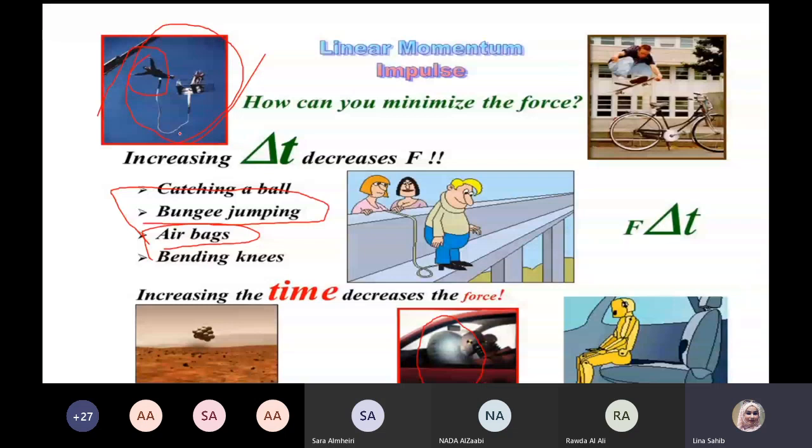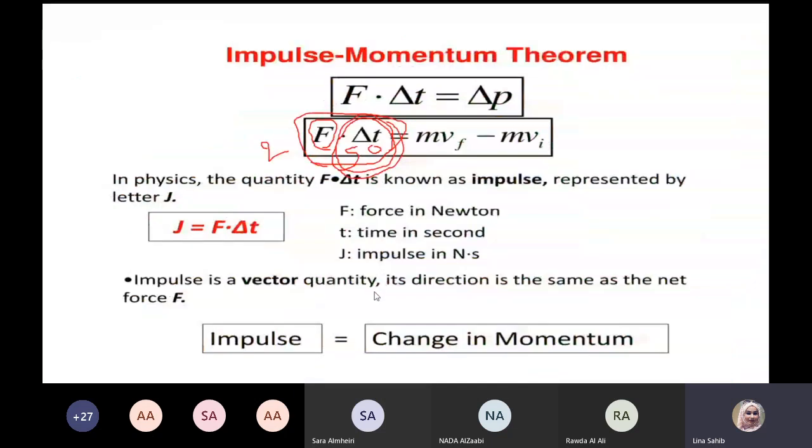So each of these two cases works on the same formula. Why? Because he's moving in the air with momentum. So the impulse needs to equal the momentum. We cannot change the total value, but we can change the time to be longer and the force smaller, to have the same total.